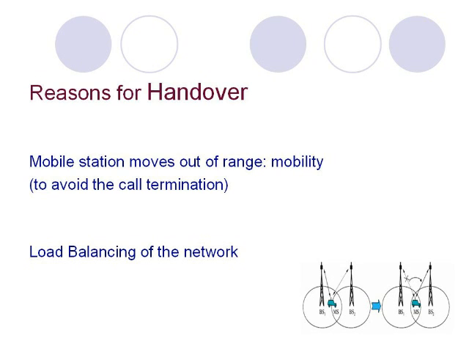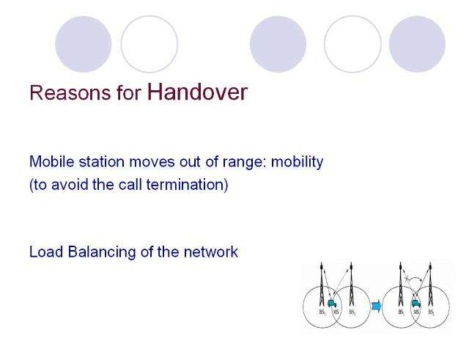For the second case, that is load balancing, the wired infrastructure, that is MSC and BSC, may decide that the traffic in one cell is too high and shift some mobile stations to other cells with a lower load, if it is possible.